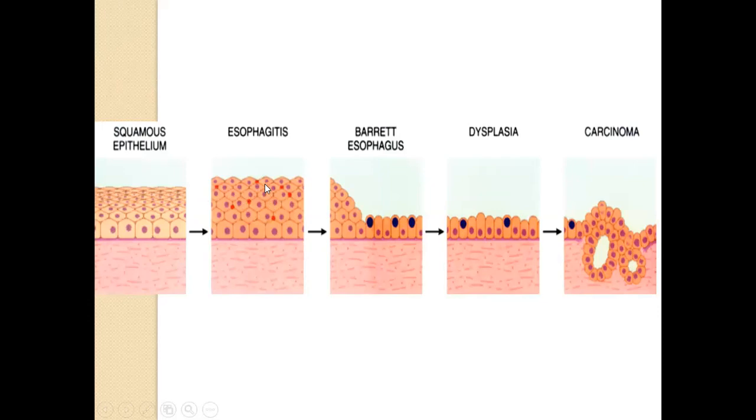Initially there is esophagitis and then Barrett's esophagus, replacement of squamous epithelium by intestinal type glands or columnar cells. This Barrett's esophagus develops dysplasia, and dysplasia is followed by development of invasive carcinoma, adenocarcinoma.